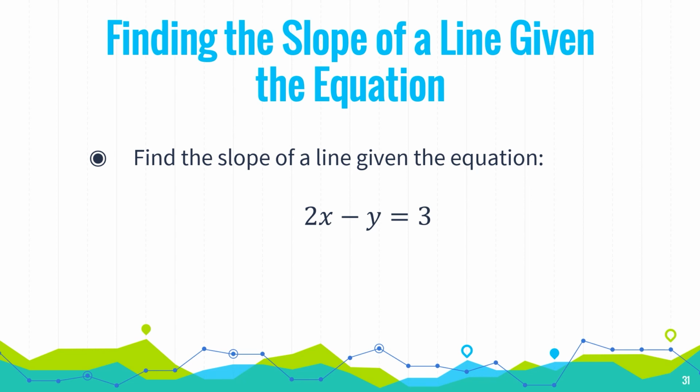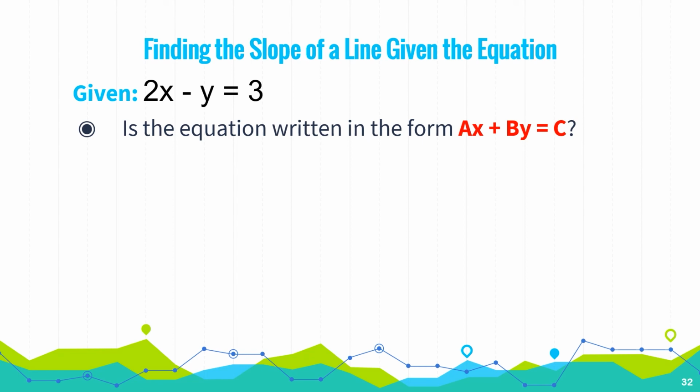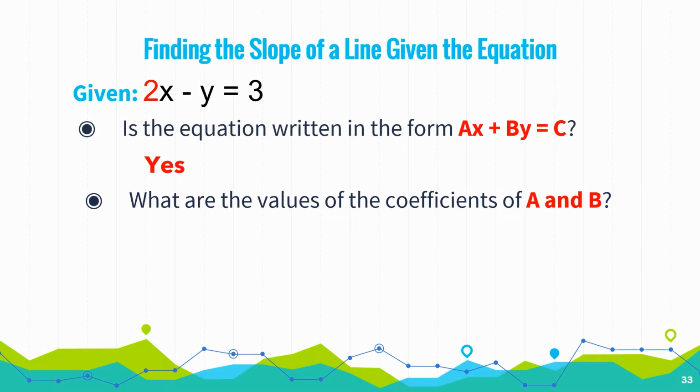For the next example, find the slope of a line given the equation 2x minus y is equal to 3. To solve this, let us follow these steps. Is the equation written in the form ax plus by is equal to c? The answer is yes. What are the values of the coefficients a and b?